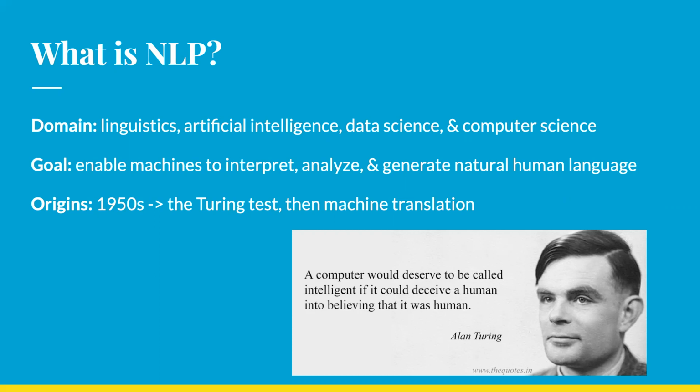So one of those facets is by creating language. So if a computer is able to generate language that comes across as human to other humans, it's successfully going to be considered an artificial intelligence.